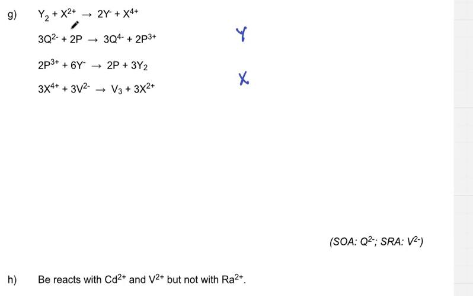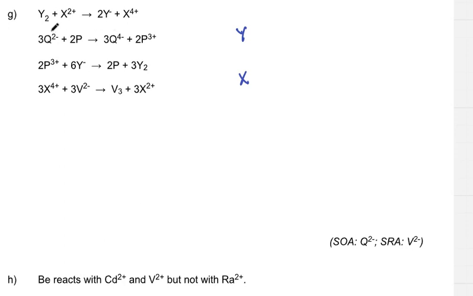Second reaction, a similar thing happens here, actually. Q starts with a 2- charge and then goes to 4-. So even though this thing is already negative, it somehow attracts more electrons and becomes more negatively charged. Seems unlikely to me, but all right.